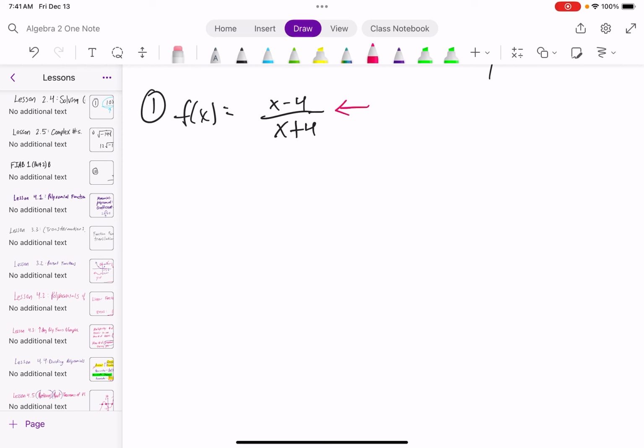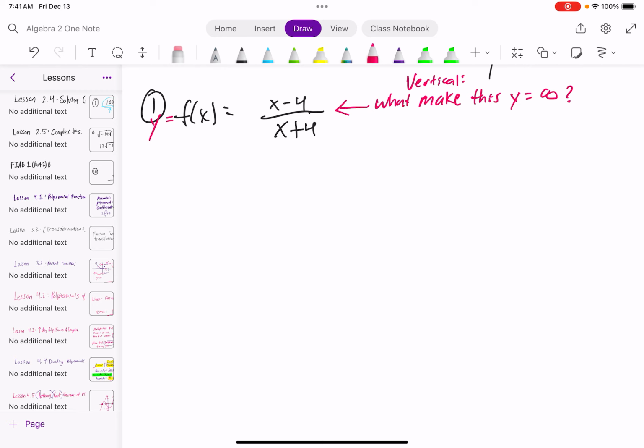What can it not be? What makes y equal infinity? That's for the vertical. That's what we have to ask ourselves. What would make y equal to infinity? Remember, f of x is our y.